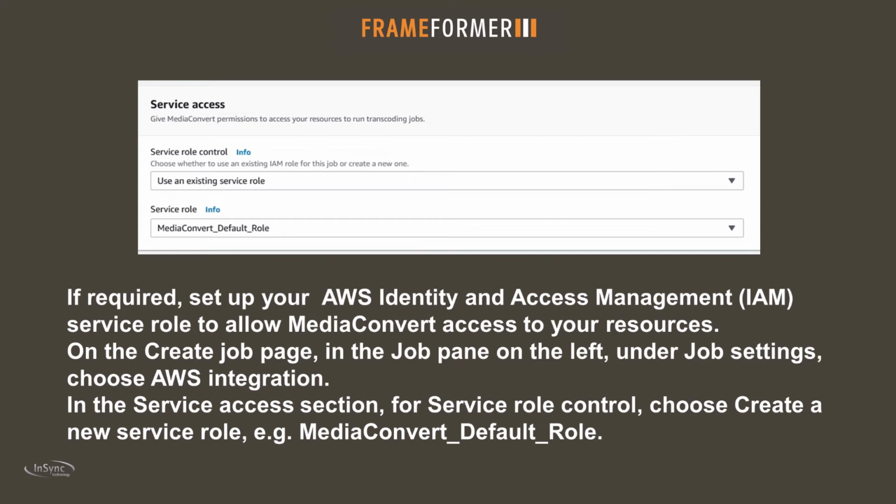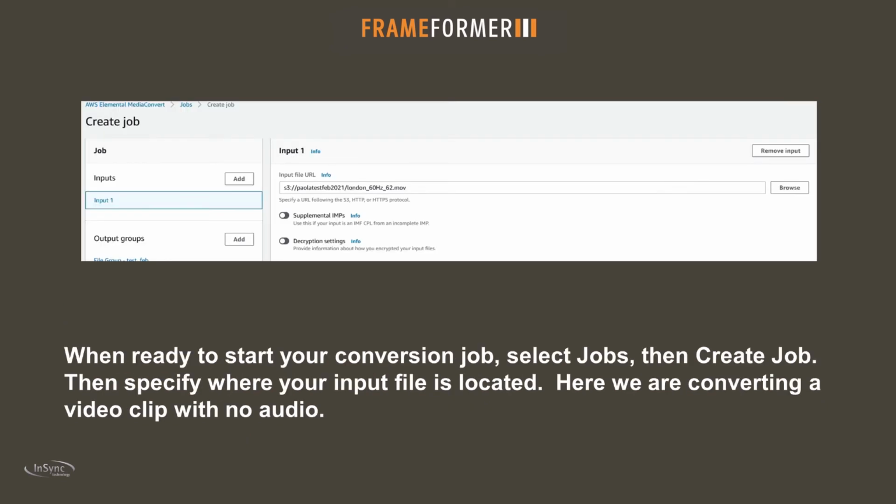Navigate there, and then in the Service Access section, you'll need to enter a service role. You should find a default role is already in there, MediaConvert default role. Select this and then save your settings. Once everything is set up, you're ready to start your conversion job. Select Jobs and then Create Job.